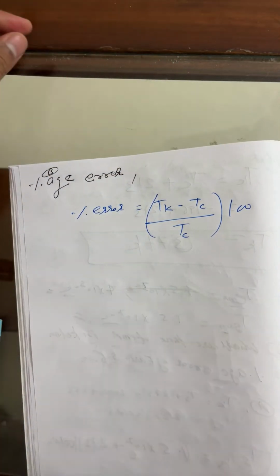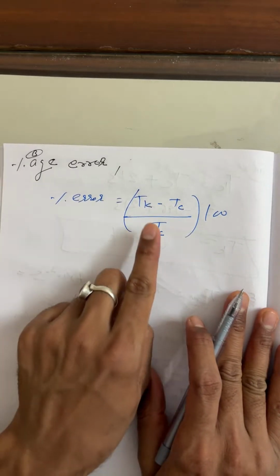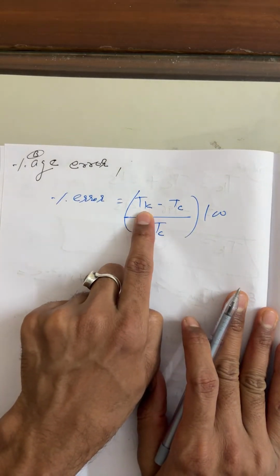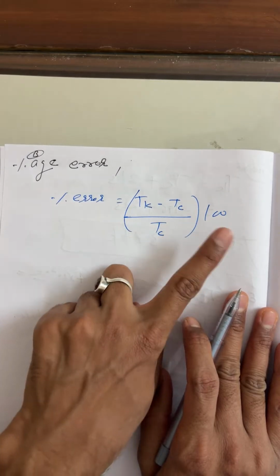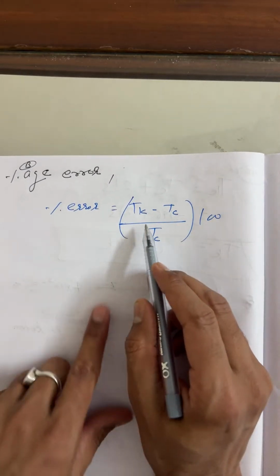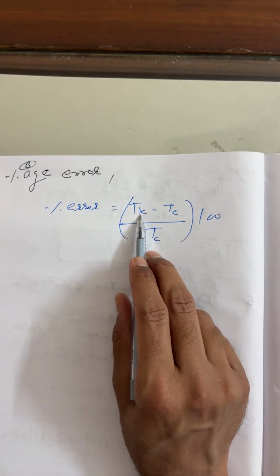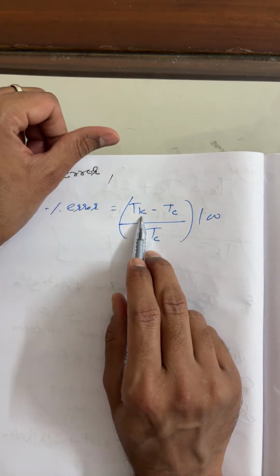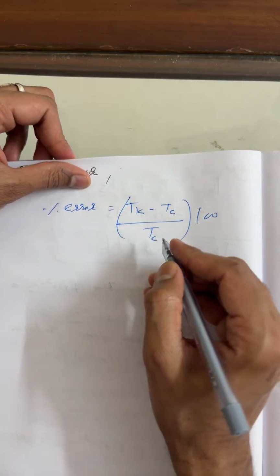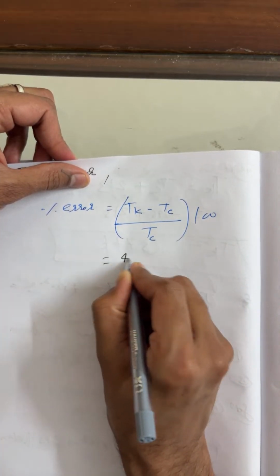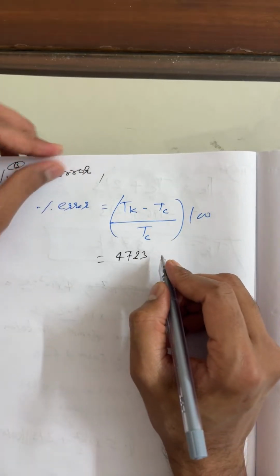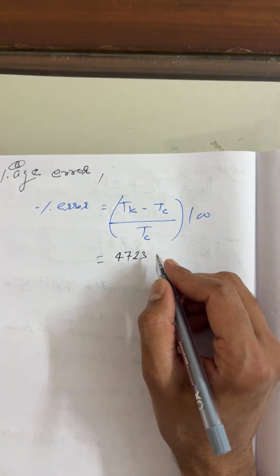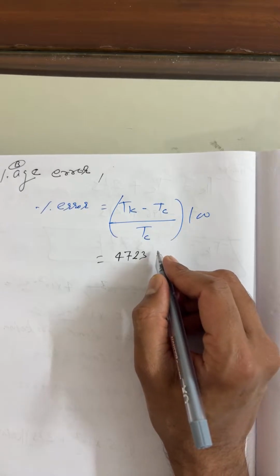Or you can also remember it as temperature final minus temperature initial upon temperature initial into 100. Here the temperature in Kelvin is the final temperature, 4273 Kelvin.